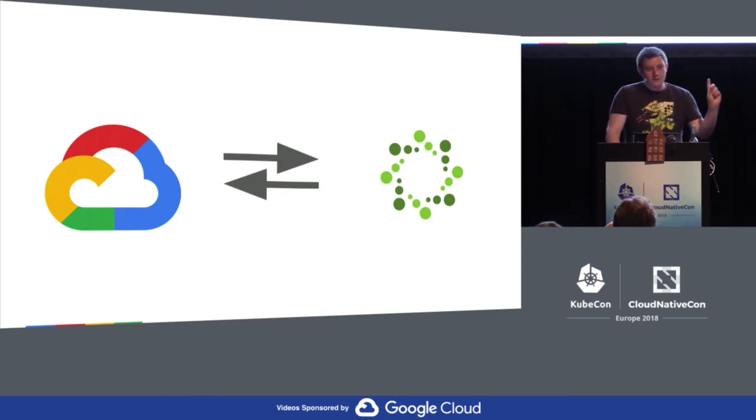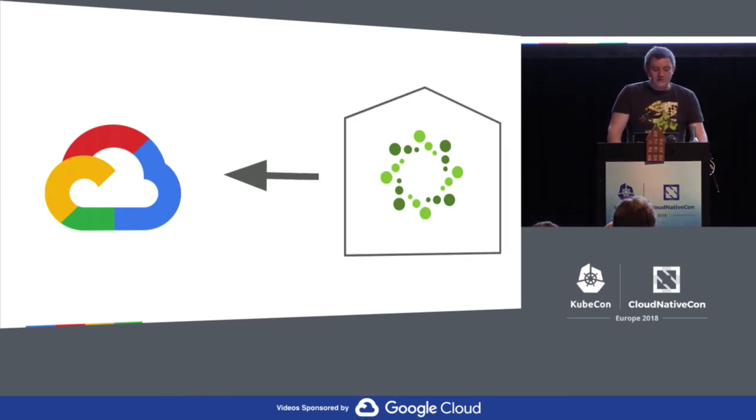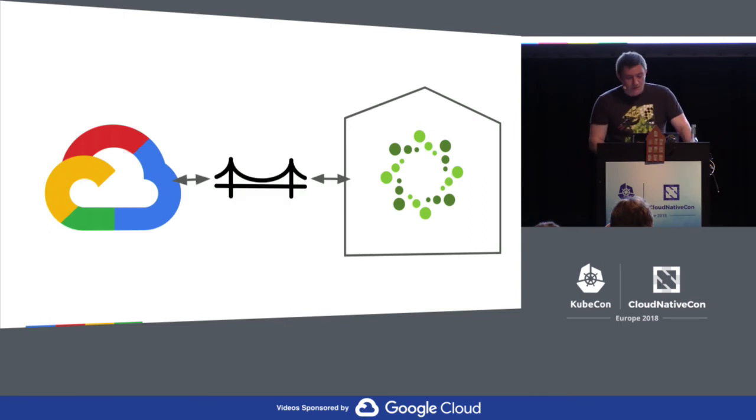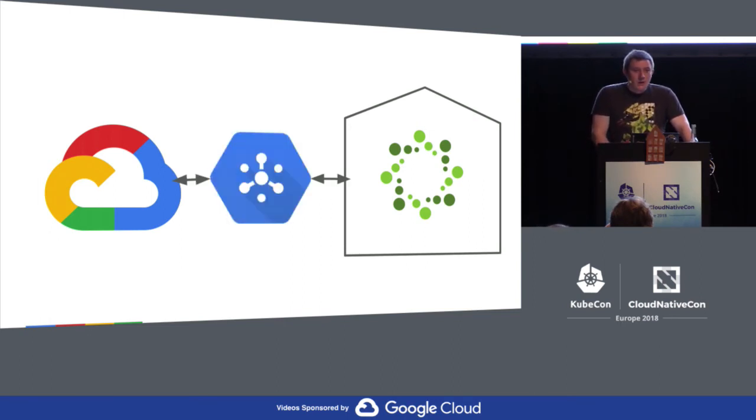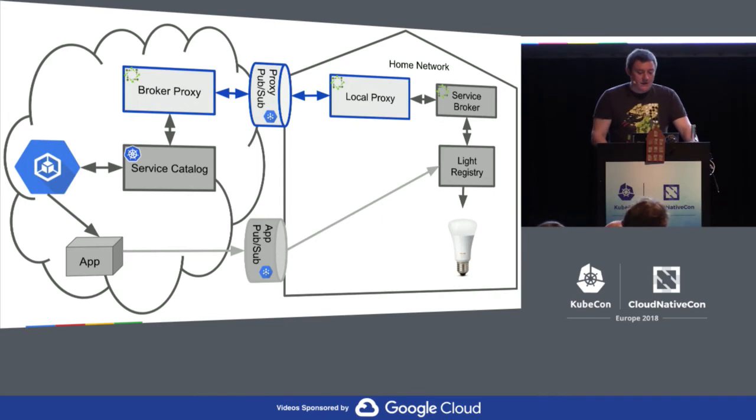So really you wanted this, but in reality, I don't really want my house to be able to talk to the cloud, or the cloud to talk to my house. So I need some sort of bridge. And for that, I use PubSub. I use the GCP broker to create instances of PubSub. And it connects.